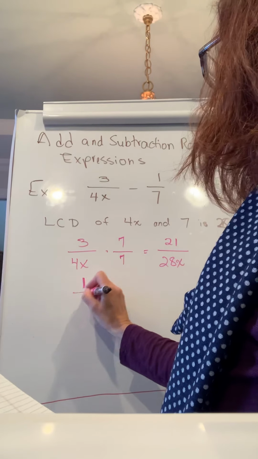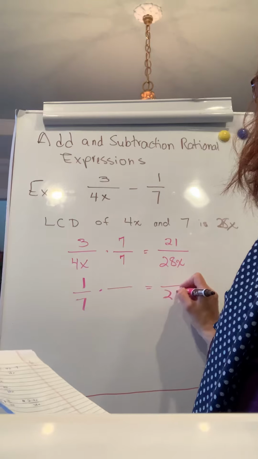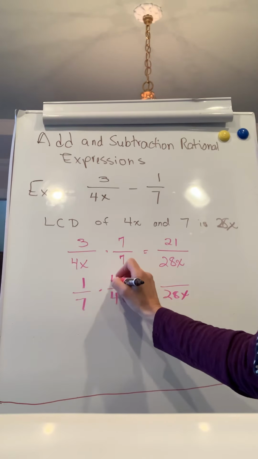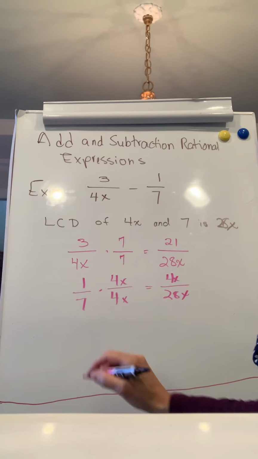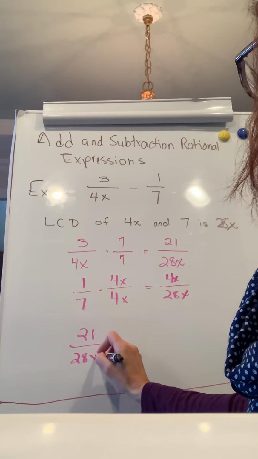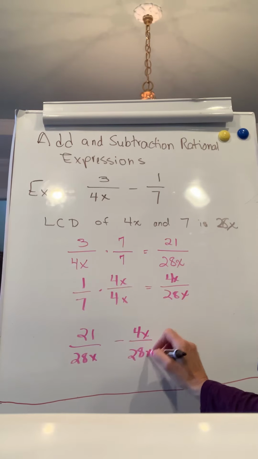If I have 1/7, what do I have to multiply it by to get it over 28x? Well, I have to multiply by a 4 and an x. So in the numerator, I get 4x. So now I can just subtract 21 over 28x minus 4x over 28x.